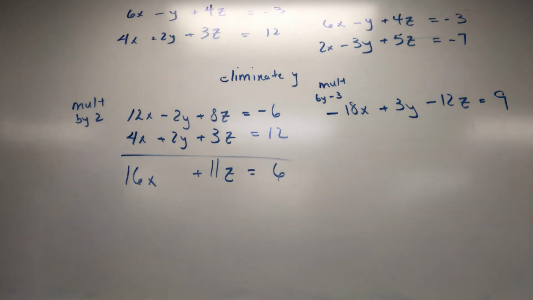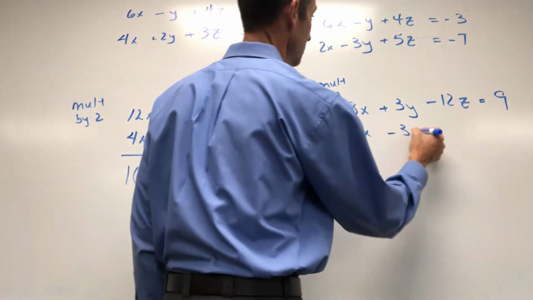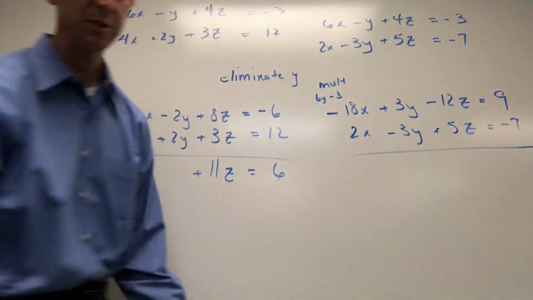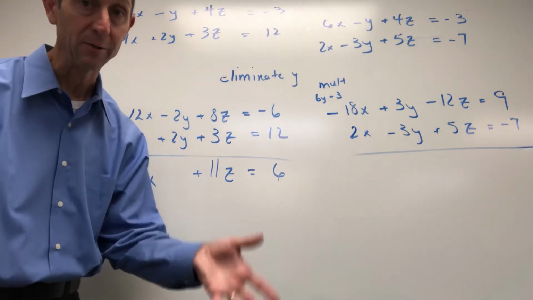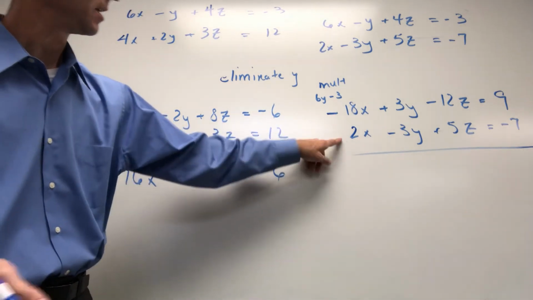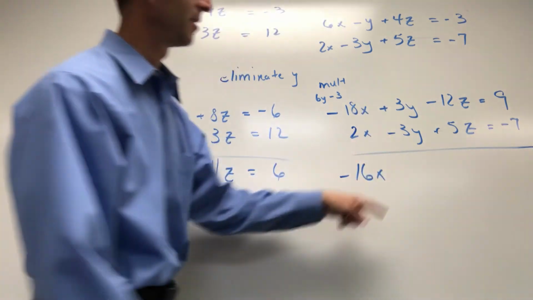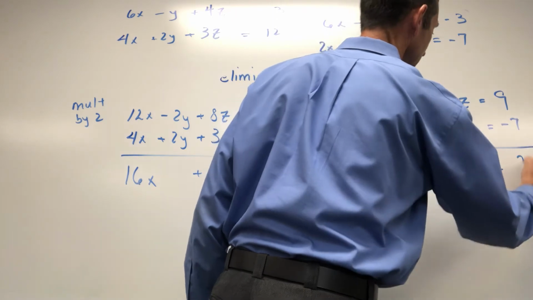All right, bottom equation slides in underneath: 2x minus 3y plus 5z is negative 7. But we do have what we need. We've got these two going to eliminate, which is fabulous. So negative 18 plus 2 becomes negative 16x. They eliminate. This comes down to being 7, and that looks like a 2.